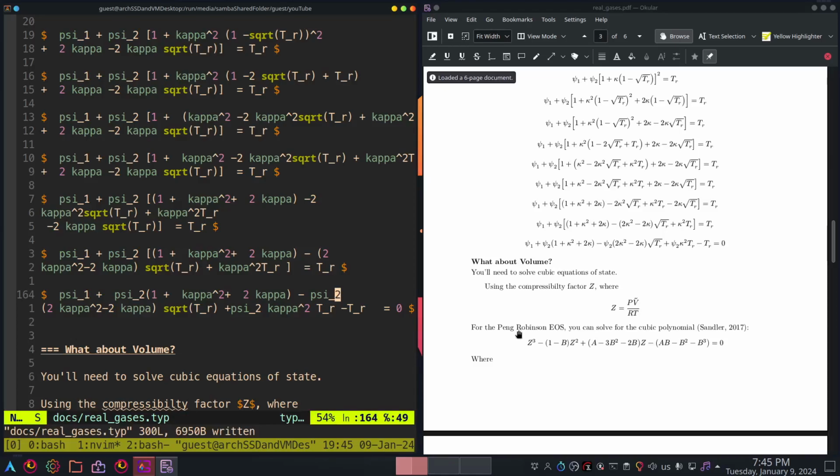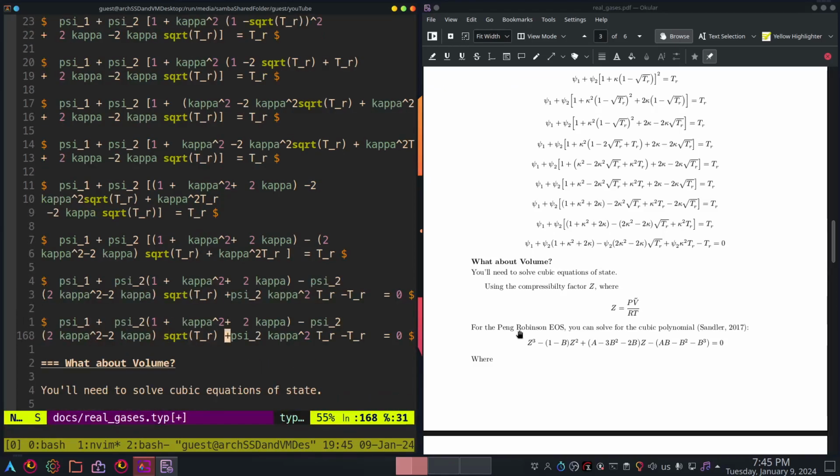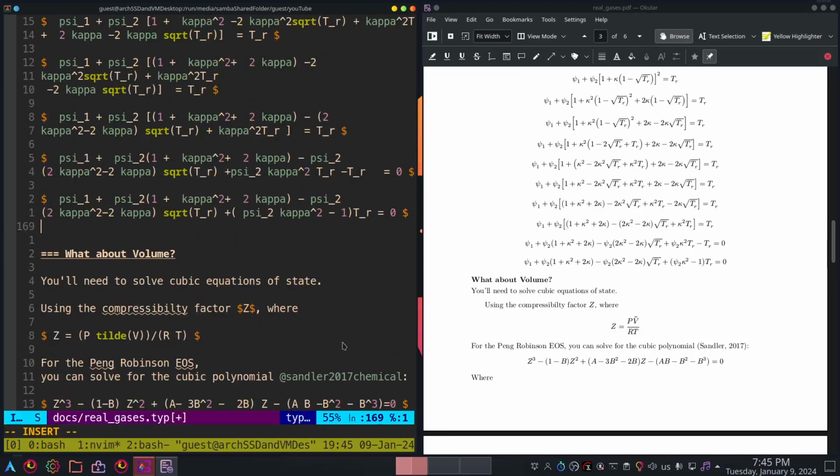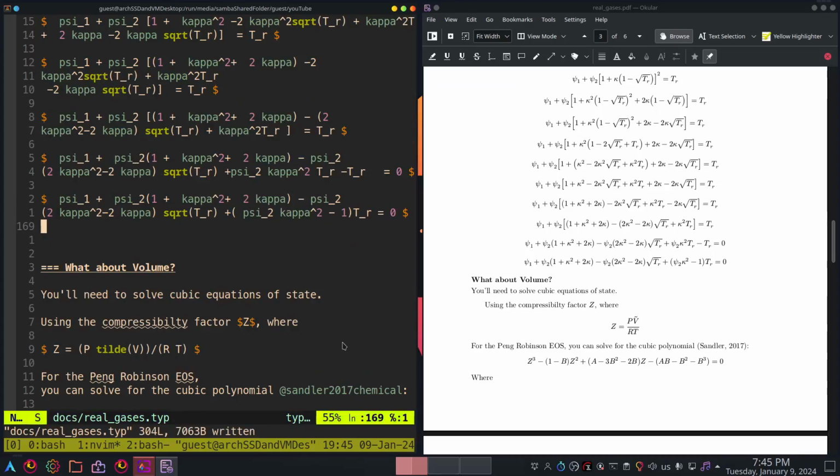So let me factorize TR out, and you will have a final quadratic form that should look about right. Minus 1. So factorize TR out, you should be able to get this. So we have a quadratic formula for the square root of TR.